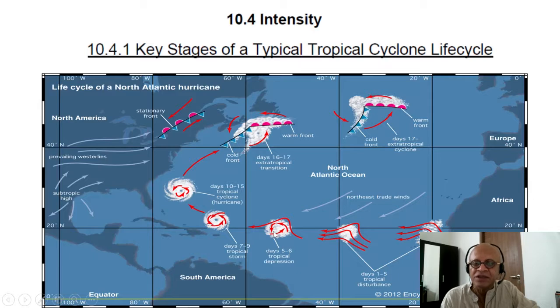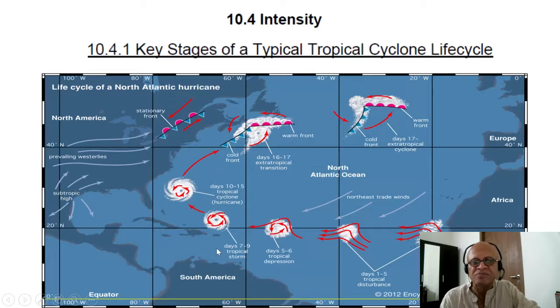But once the incipient vortex has been set up as the tropical disturbance, on days 5 to 6 there is a tropical depression that has already got an incipient vortex that has not well organized yet, but it is taking shape. You can see that it's not perfectly symmetric.